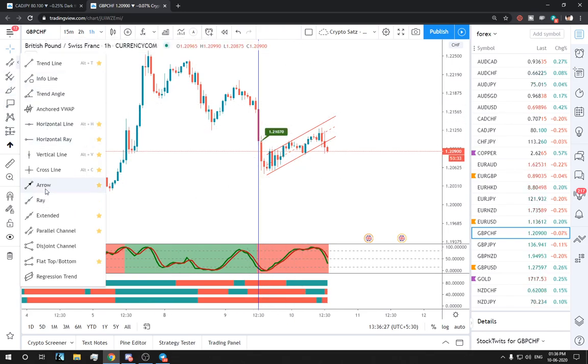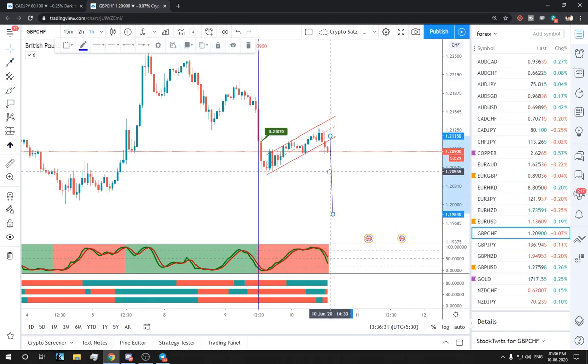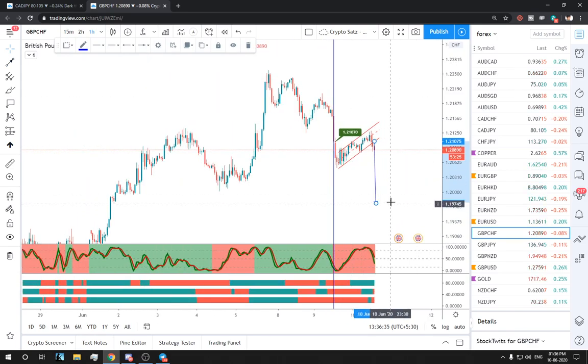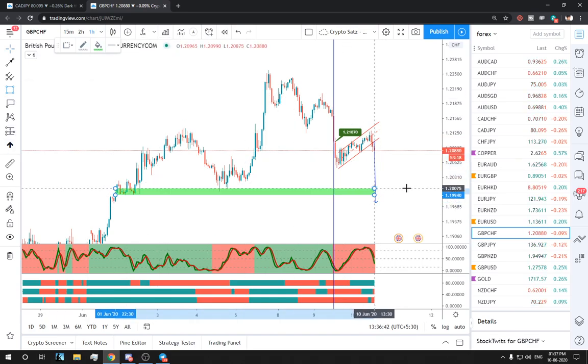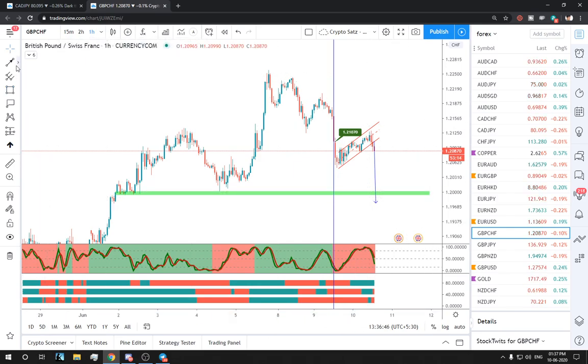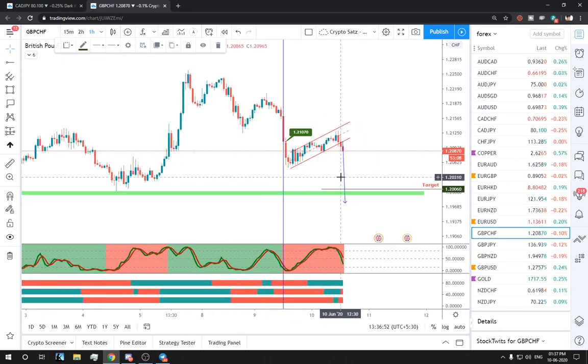My targets for this trade would be like taking this. My targets would be around here, so I'll take the confluence of this support over here, so we have a good support over there. So this will be my target for the short. Let's mark it.